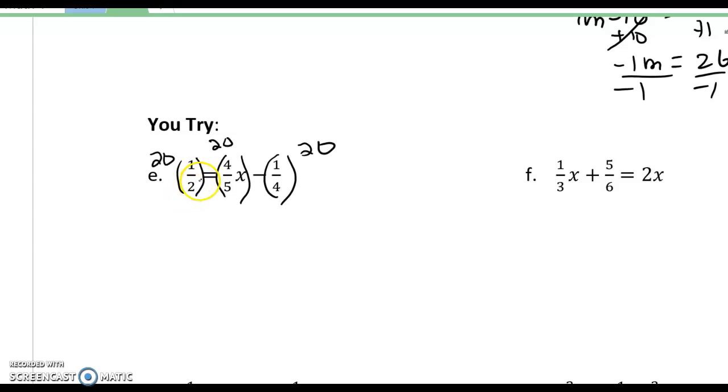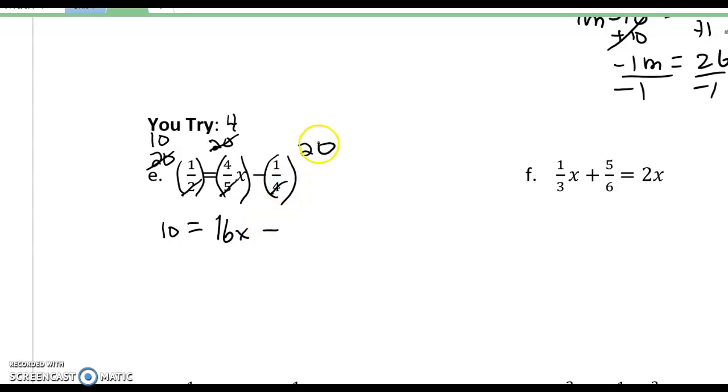So here we go. 2 is going to cancel. 2 goes into 20 10 times. The leftovers are up top. That's what we need the leftovers to be. 10 times 1 is 10. 5 cancels. 5 goes into 20 4 times. 4 is left over up top. I got a 4 times x, 16x.